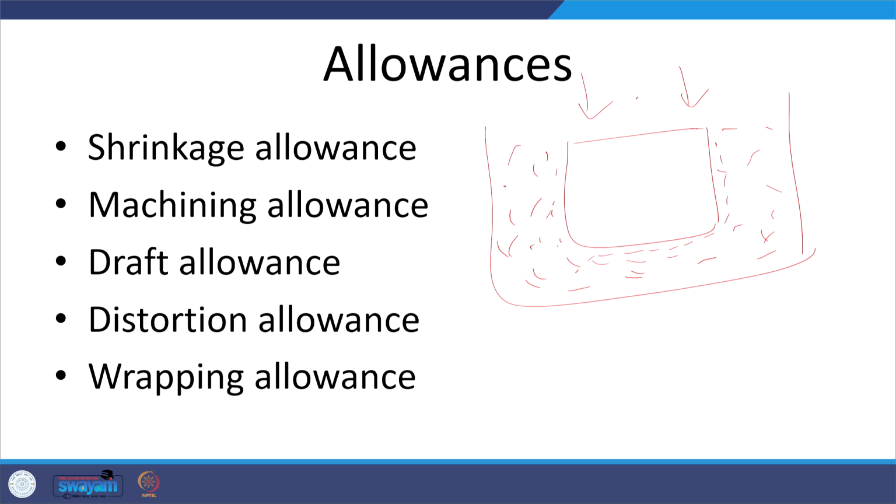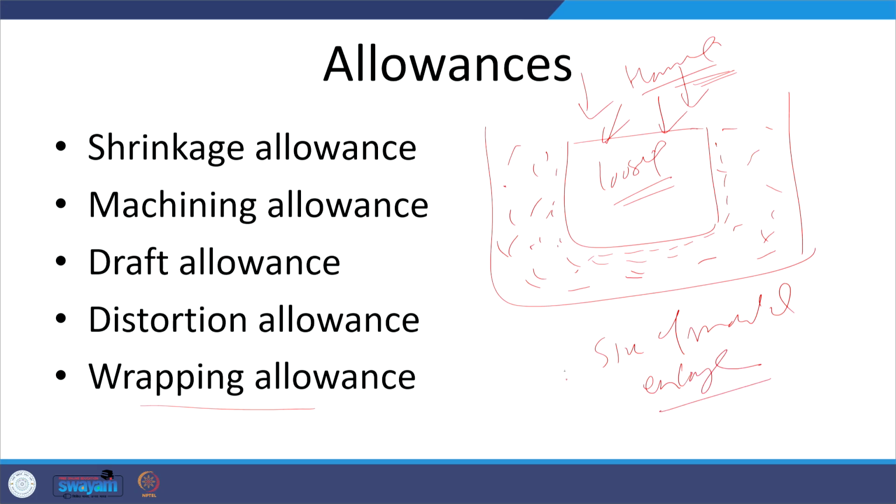So, what we do, we do a little hammering lightly, so that the pattern is loosened basically. For loosening the pattern in the molding sand, this tapping is done using a wooden hammer. Okay. And then once it is loosened, it is taken out. So, what happens in this case, because of this loosening, the size of the mold is enlarged a little bit.